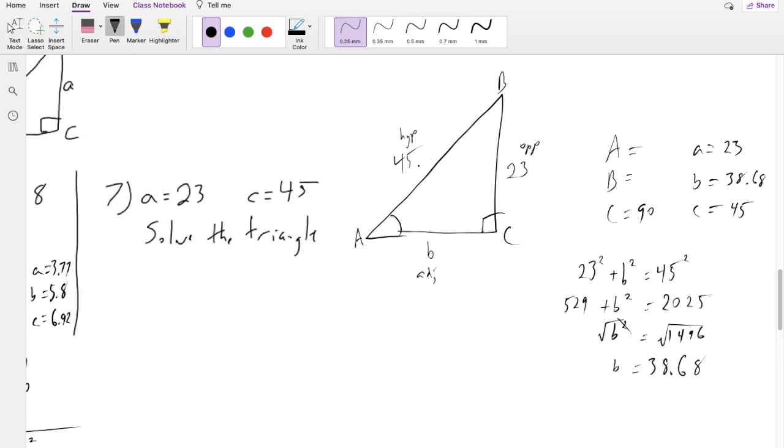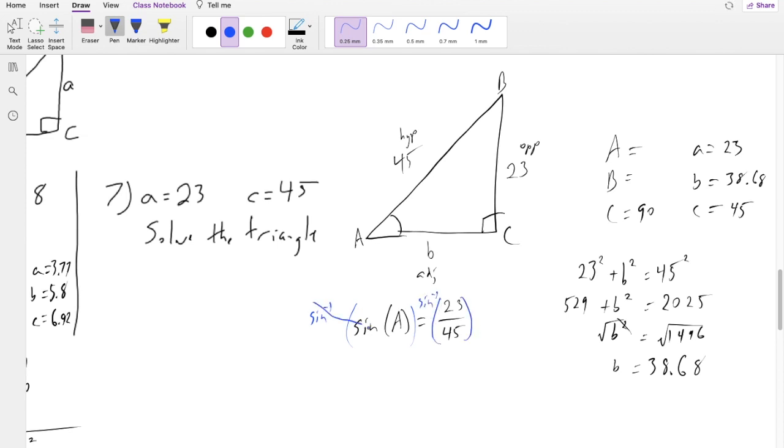Opposite and hypotenuse, that sounds like sine. So I'm going to set up the sine of angle A is equal to the opposite, which was 23, over the hypotenuse, which is 45. I'm trying to find angle A, which is inside the function of sine. So to get rid of sine, I'm going to take the inverse sine of both sides.